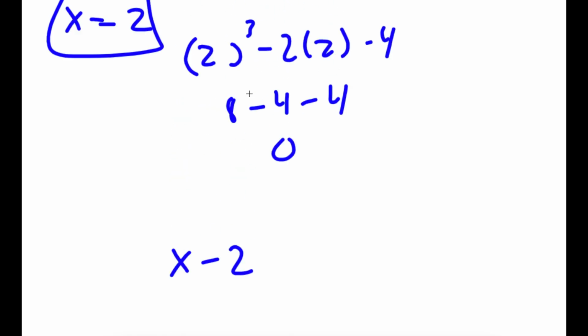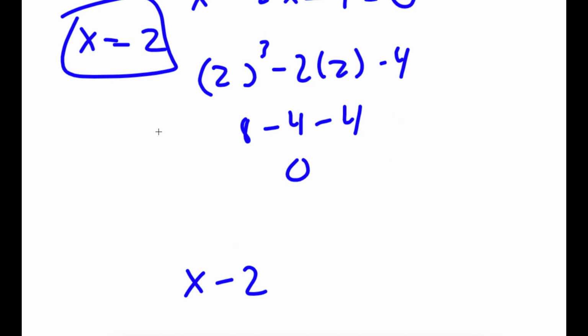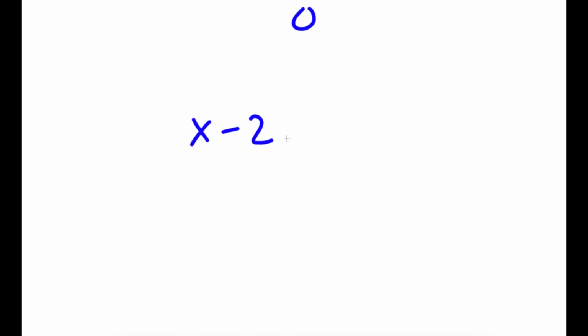Now using this value, we know that x minus 2 is a factor of x to the power of 3 minus 2x minus 4, because when we plug in 2 for x, x minus 2 is 0.